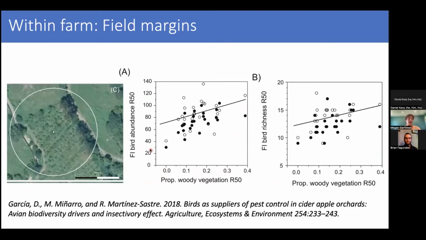And what they found was that in these orchards with more trees, they were finding more insectivorous individual birds, as well as more species of insectivorous birds that were making use of the orchards. So in this situation, having trees along the edges of these apple orchards was increasing bird activity in the orchards themselves.